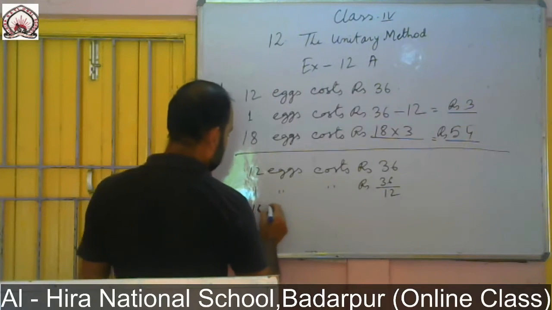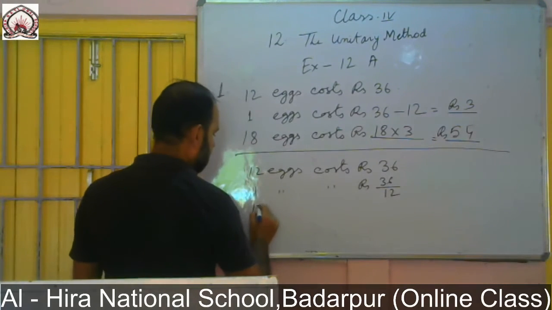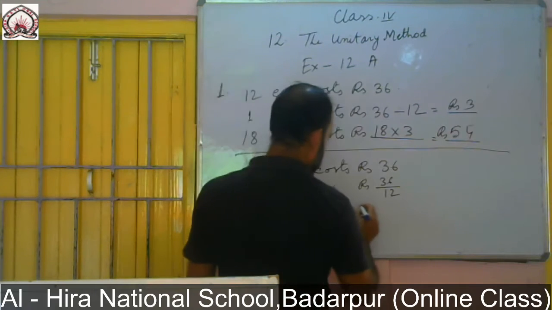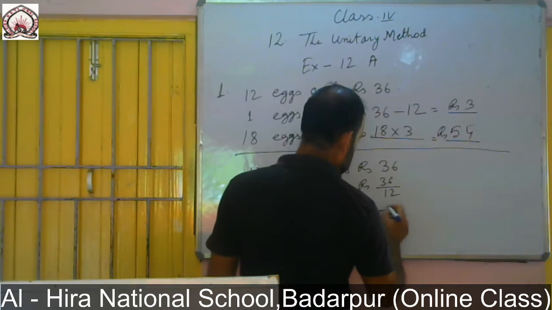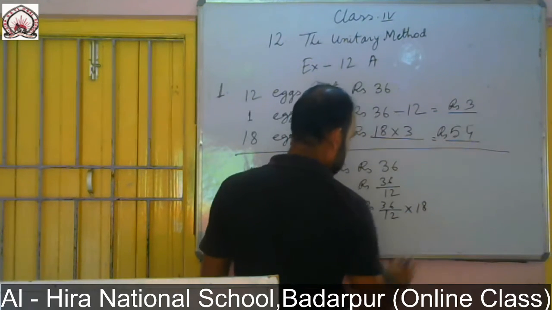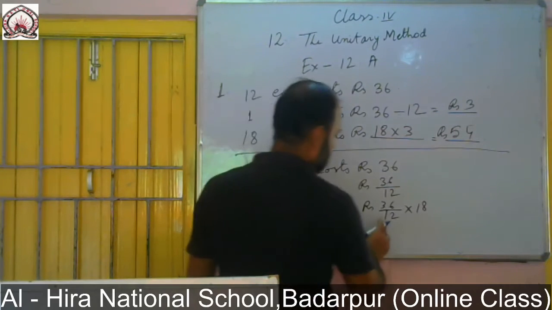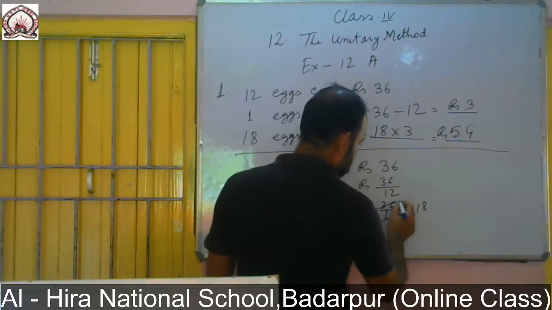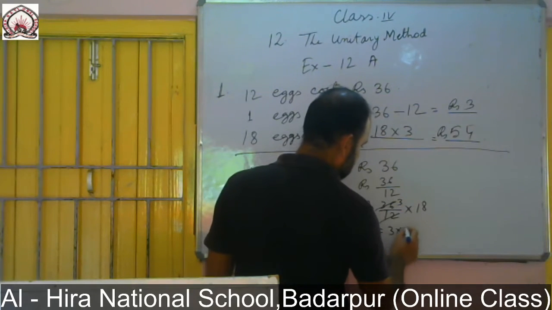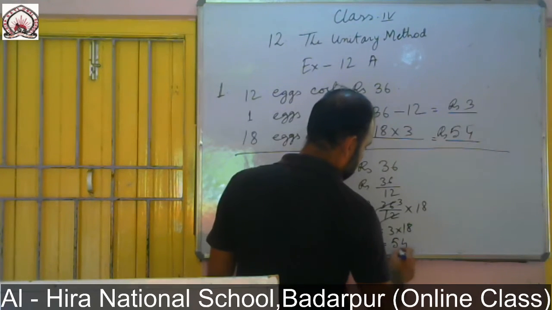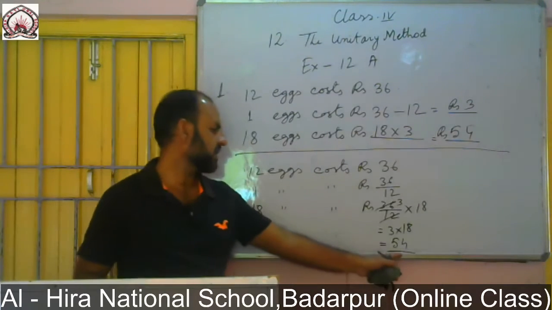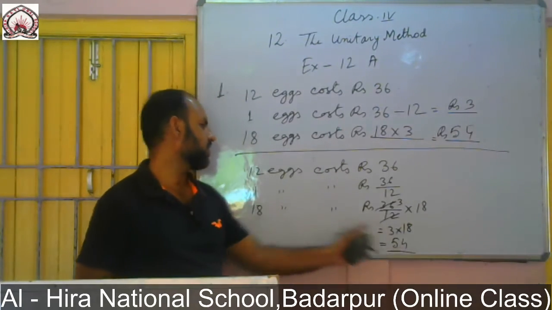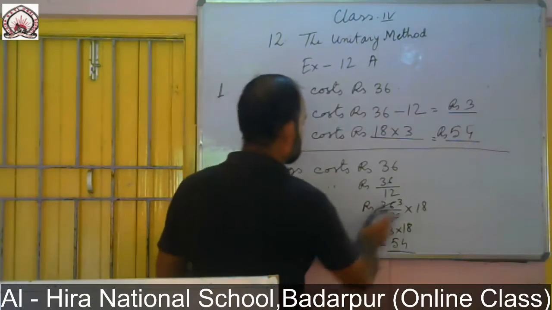So 18 eggs cost rupees 36 divided by 12 into 18. Now we shall reduce. 12 ones are 12 and 12 threes are 36, so it equals 3 into 18, which is 54. So 18 eggs cost rupees 54. This way also we can do.